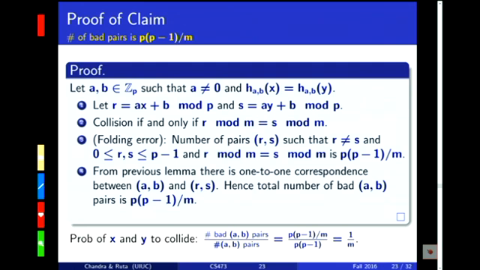Now suppose I change x and y to x prime, y prime. Will I get the same set of functions, or different? If capital M is the number of keys, there are M choose 2 different possible values of x and y.